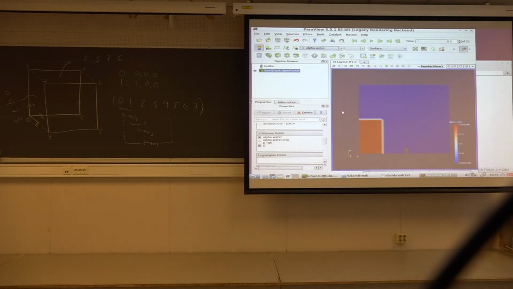And yes, there you have the initial state. The red one is a block of water, the blue is air. And then when we let the dam break, the water should slosh over the small dam down here. So that is the dam break case.